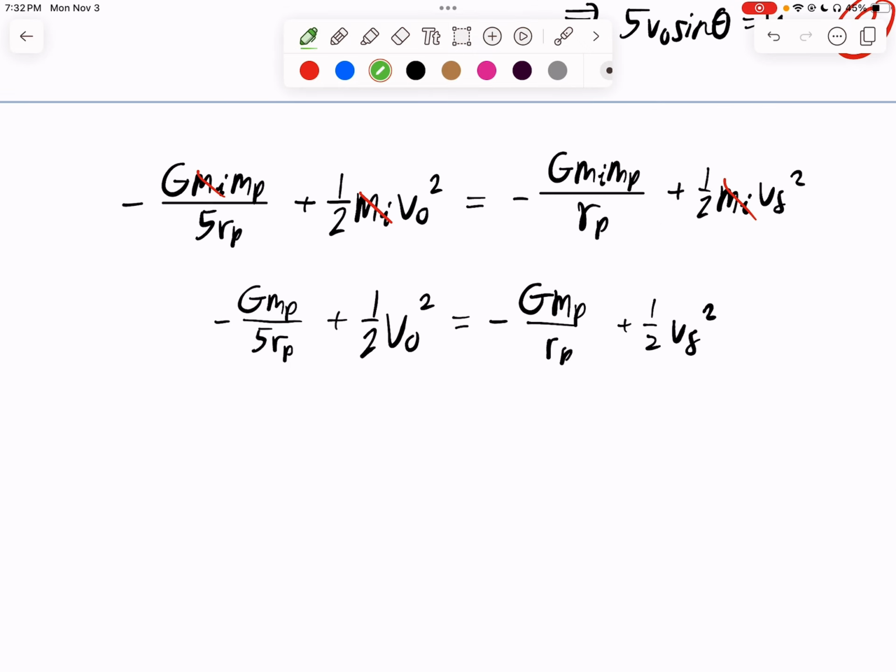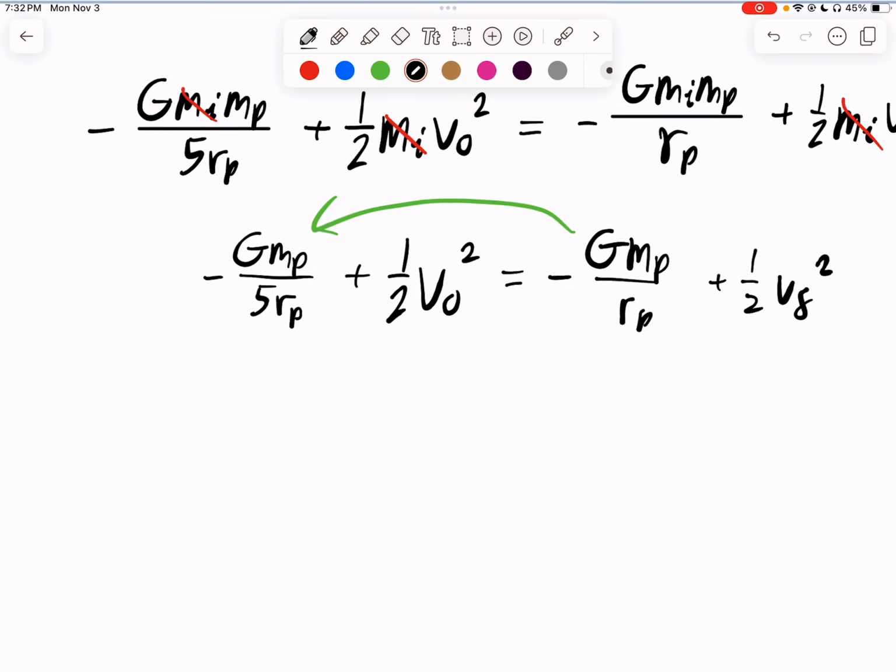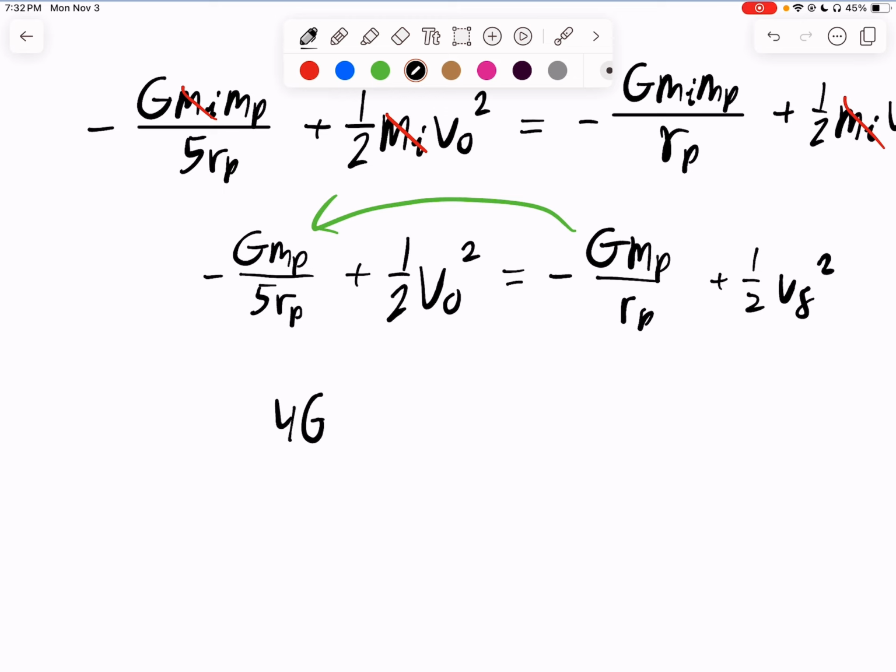But first, we're going to move this over to the left-hand side and multiply everything by 2. So we get 4 G M_p over 5 R_p plus 1/2 v naught squared.